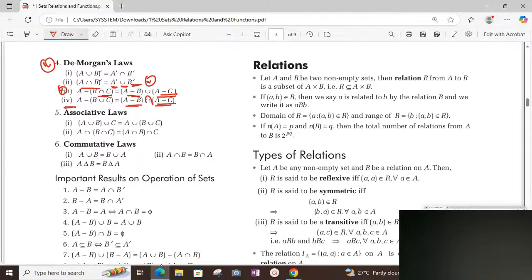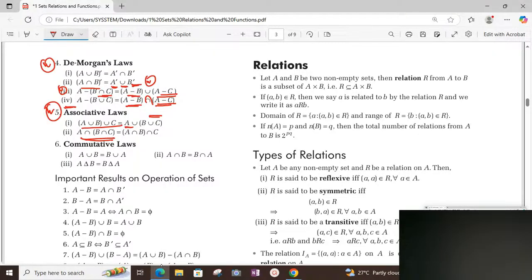Let's see the associative law. In the associative law, A union B, union C, we make a pair of two, then A union (B union C); all are union here.